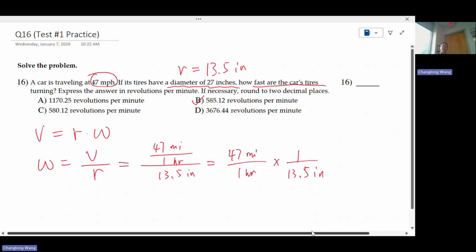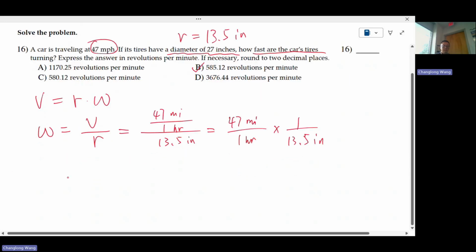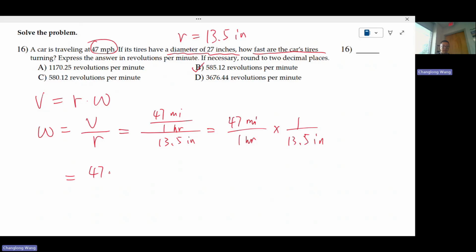All right, so now all we have to do is convert all those units to the one we want, right? So we don't want hours. And also miles need to eventually be converted into inches somehow. And also we have to figure out how to get the revolution back in. All right, so we're going to start by rewriting the original expression here.